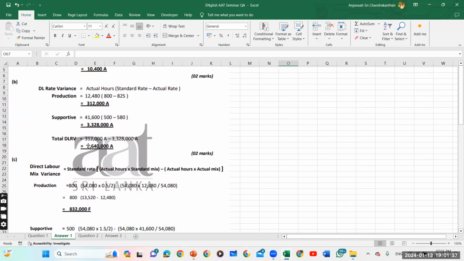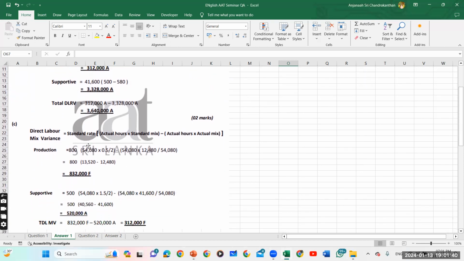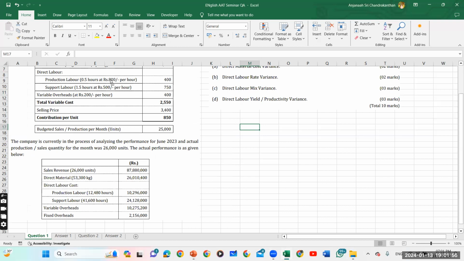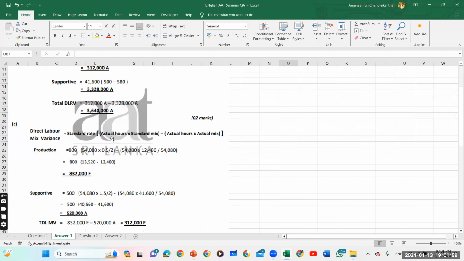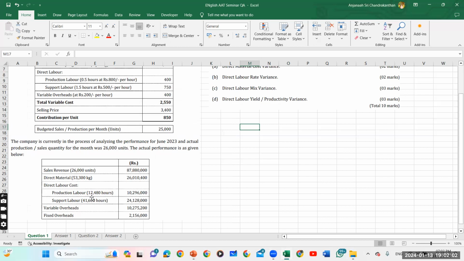Then we have the direct labor mix variance. So you have the standard rate, actual hours into standard mix minus actual hours into actual mix. Standard, again, you have to take separately. Production standard rate is 800. Actual hours: 12,480 plus 41,600, so the total is 54,080.